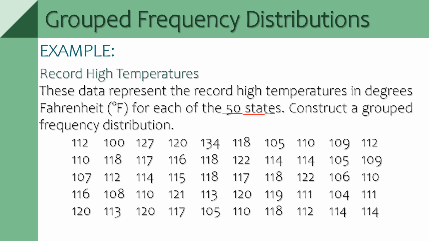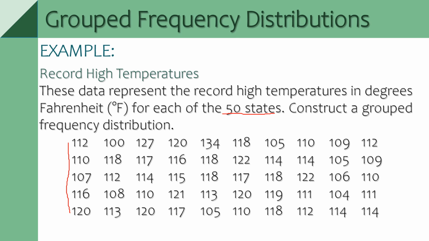So ano yung mga temperature in degrees Fahrenheit. So you have 112, 110, 107, 116. So, yun yung lahat. So, di ko na isa-isahin. Okay, so anyway, nandiyan naman siya sa mga susunod na slide.